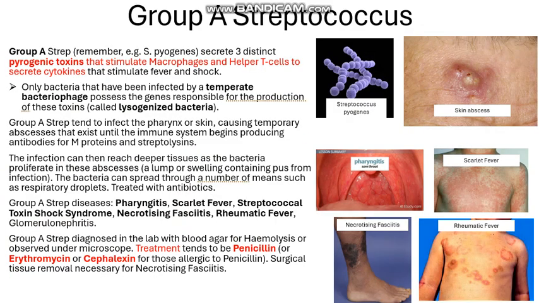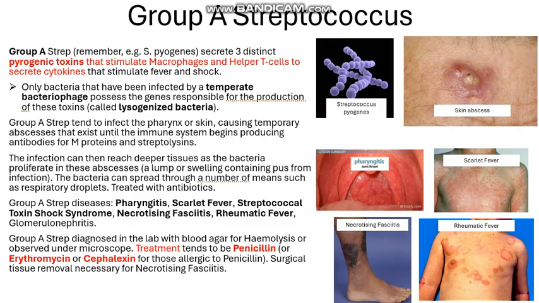So group A strep, for example strep pyogenes shown here, secrete 3 distinct pyrogenic toxins that stimulate macrophages and helper T cells to secrete cytokines that stimulate fever and shock. Only bacteria that have been infected by a temperate bacteriophage, called lysogenized bacteria, possess the genes responsible for the production of these toxins.